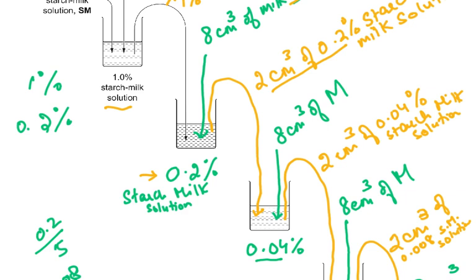Then you showed the transfer of 2 cm cube to each beaker from the previous beaker, and then you added 8 cm cube of m to each beaker. So a very easy 3 marks, and everybody should get these 3 marks. I mean, nobody should lose any marks on this serial dilution. It would be very sad. I would be very sad.